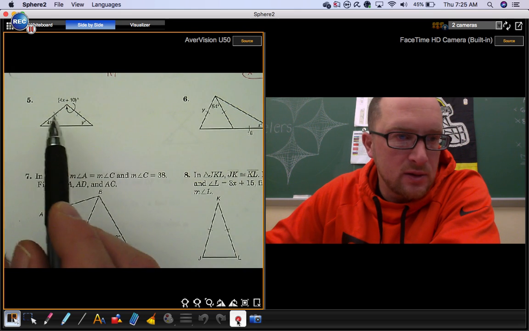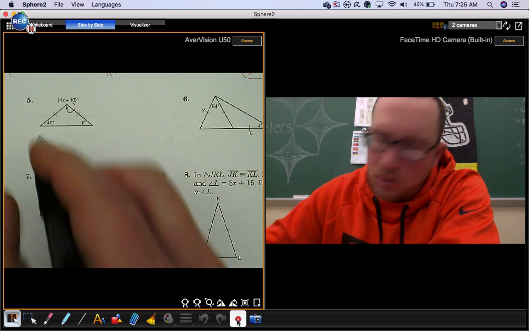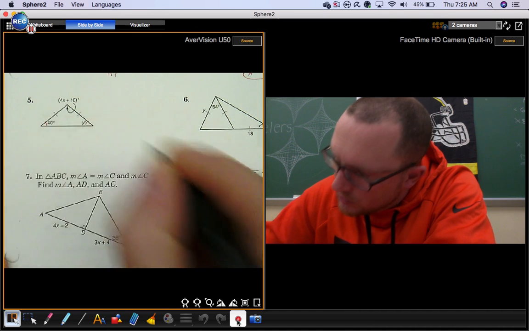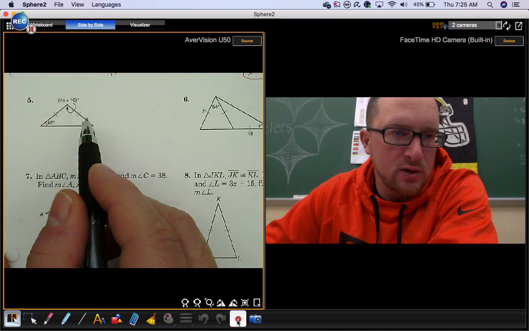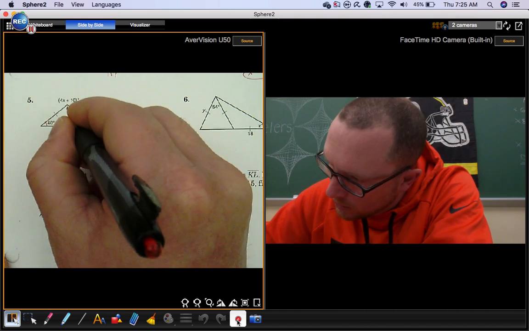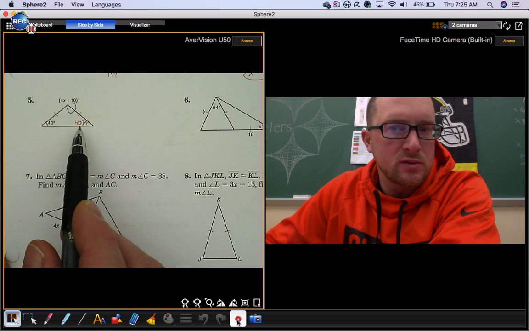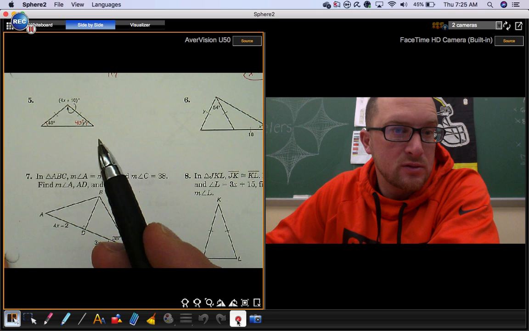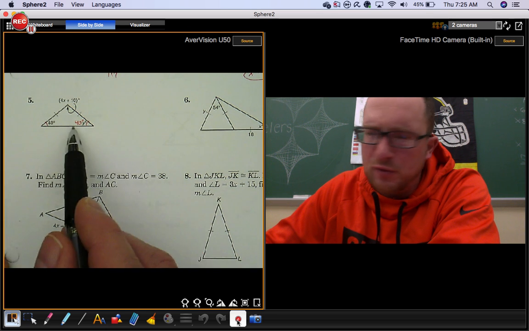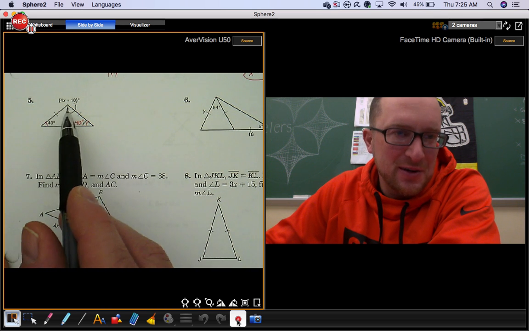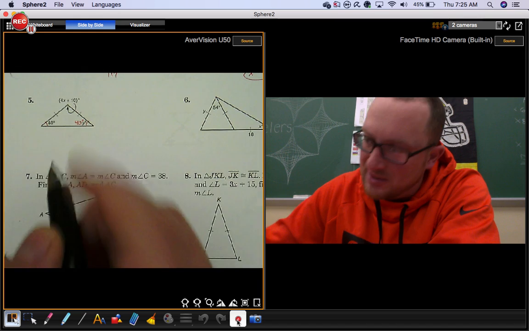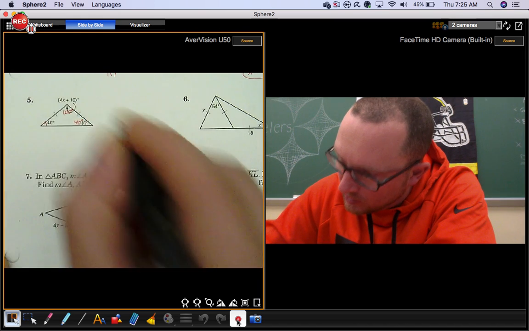Number 5, it's an isosceles triangle. These are your base angles. If this angle is 40, this angle is 40. If you have two 40-degree angles, you have 140 degrees left to use. No. If you have two 40-degree angles, that's 80 degrees. You have 100 degrees left to use. So this vertex angle is 100 degrees.